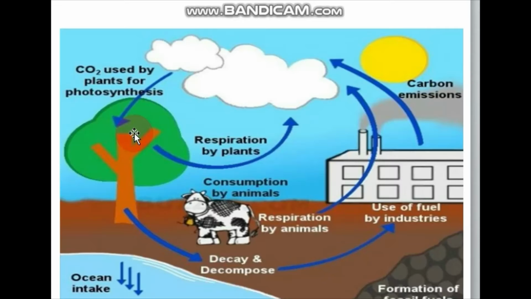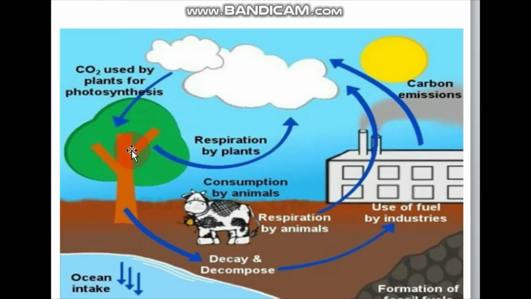Now let us look at an illustration of how the carbon cycle works. You will see that this is the plant. This plant makes use of carbon dioxide from the atmosphere, which it uses in producing food. At this stage, it takes away carbon dioxide, which contains carbon, from the atmosphere.